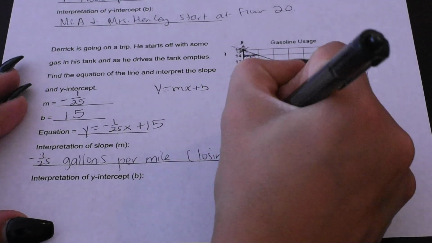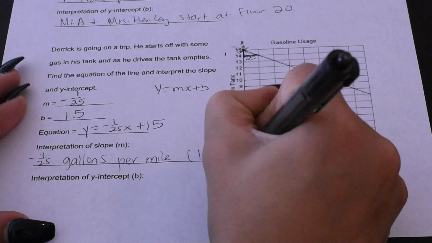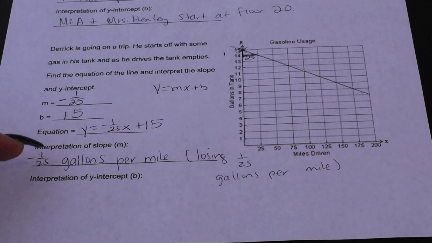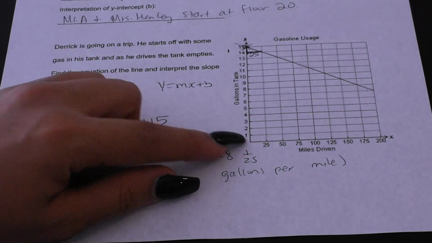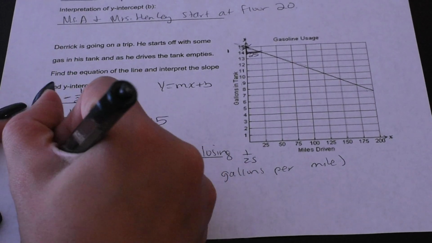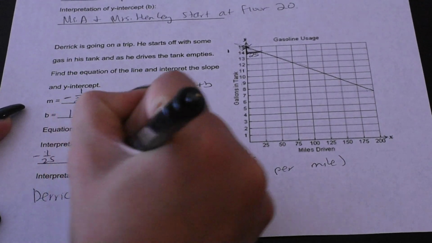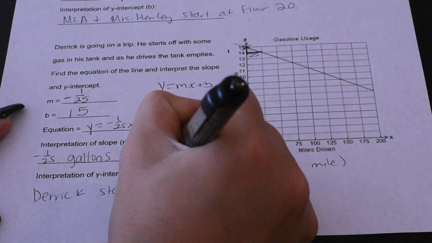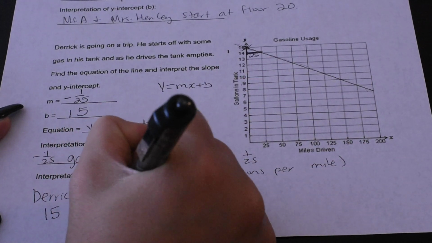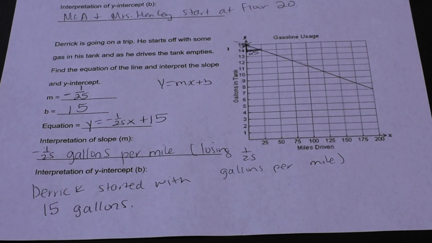I'm losing 1/25 gallons per mile. Now interpret the y-intercept. When Derek started driving, he had 15 gallons. That's what it means. Derek started with 15 gallons.